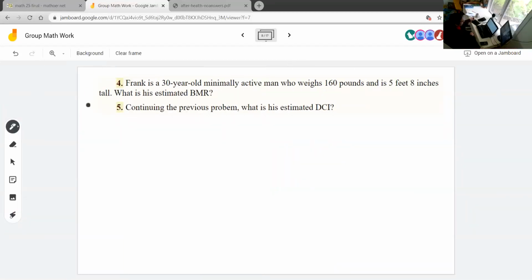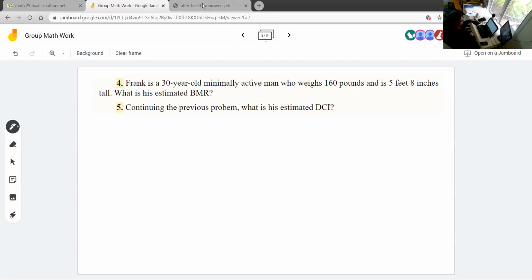Okay, so next in Math 25, we did this BMR DCI stuff. Find out how many calories per day he burns by doing nothing but just being alive, and then when he's actually exercising. What's missing in this problem is that table of how you get from BMR to DCI.